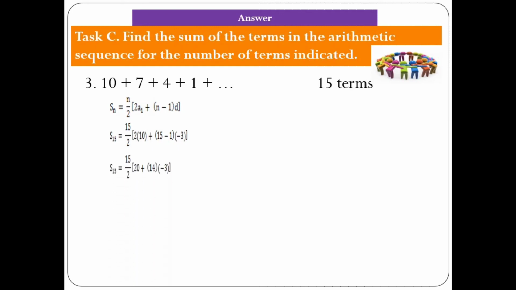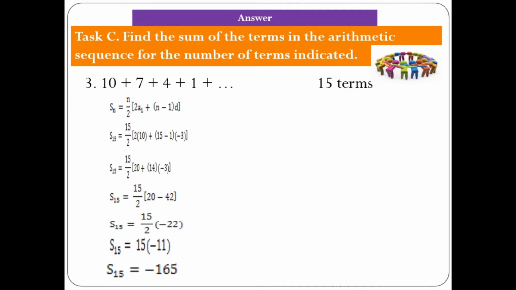So by substitution, we have 15 over 2 times the quantity of 2 times 10 plus 15 minus 1 times negative 3. So we have 15 over 2 times 20 plus 14 times negative 3. And we have 15 over 2 times 20 minus 42, which is equal to 15 times negative 11, and that is equal to negative 165.